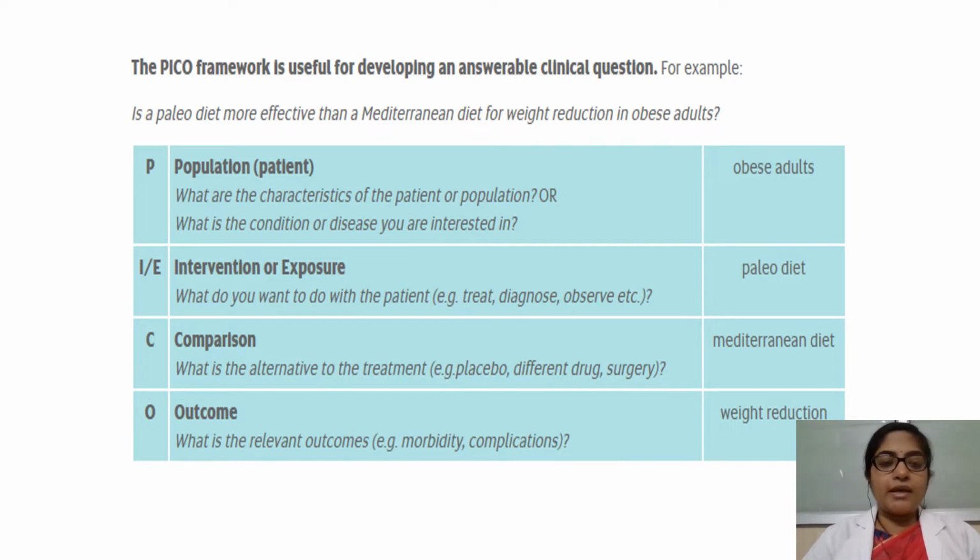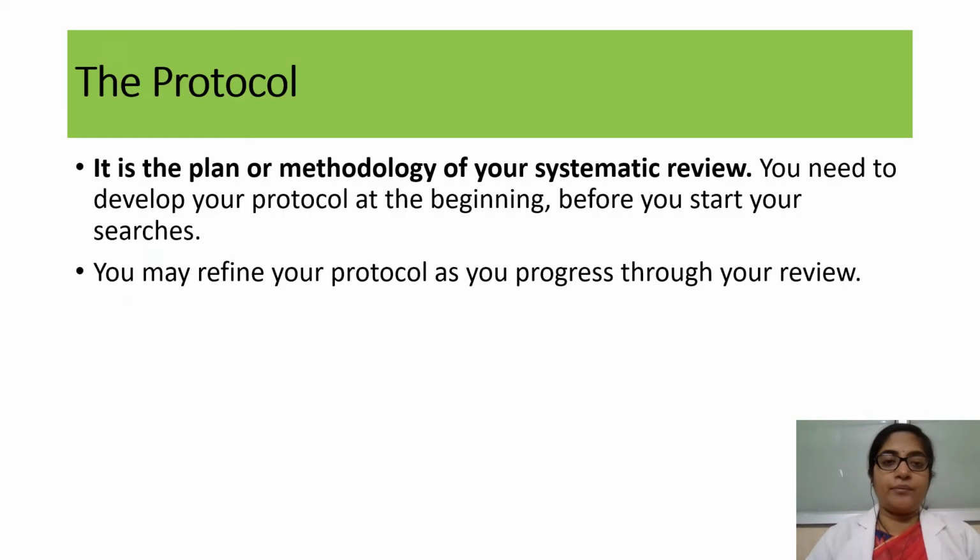So for this we can define P here, that obese adults are the population, intervention and exposure are paleo diet compared with Mediterranean diet, and outcome is weight reduction. So if we have all these P, I, C, O categories filled up, then we are having a very clear focused research question.